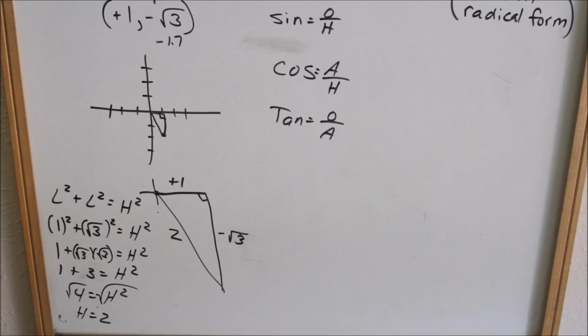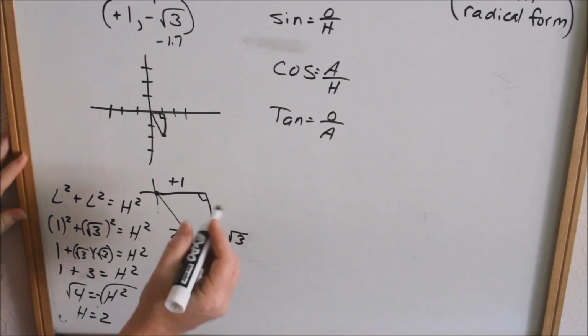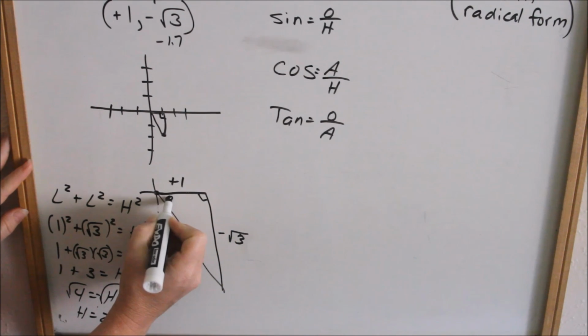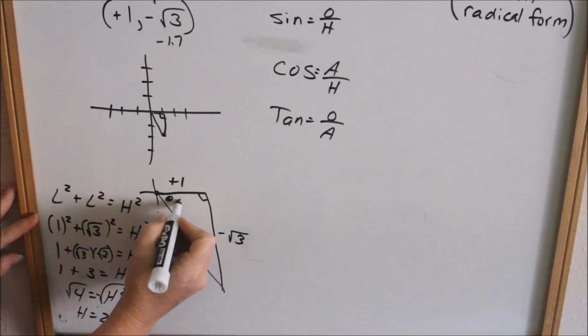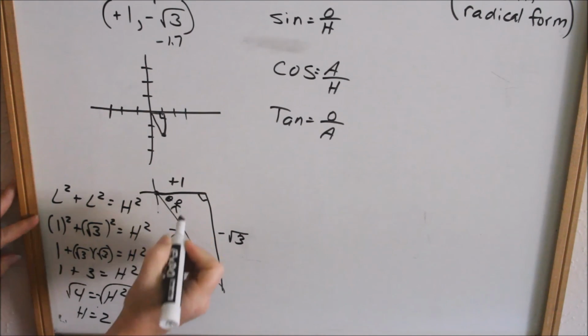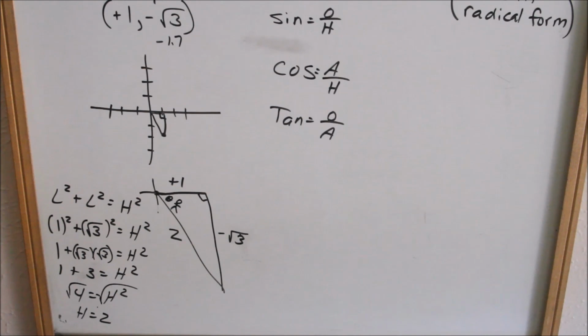We went through all that work to find the hypotenuse, but we're not done with the problem. So now we can find all the 6 trig ratios, okay? So sine is opposite over hypotenuse. We need to know where theta is. Where is theta? Theta is always going to be right there at the origin, okay? That's where your little man will be standing to find all your trig values, okay?